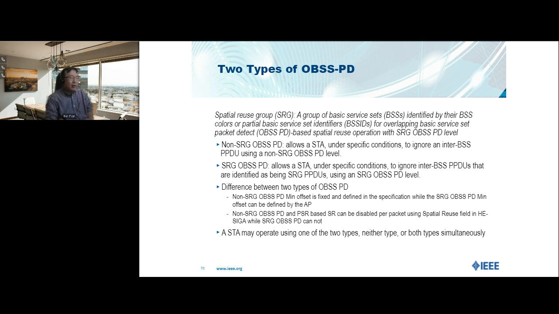They have a common goal to optimize the network, an enterprise network, those kinds of things. So we all agree that by increasing the OBSS-PD level, that will increase the benefit for everybody. So we will do it. So in the SRG, it's called SRG OBSS-PD.